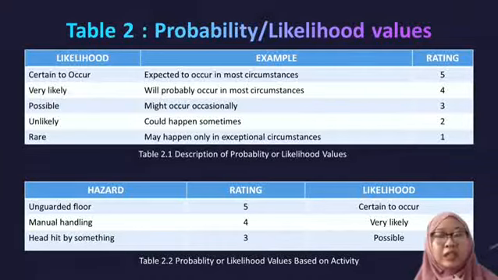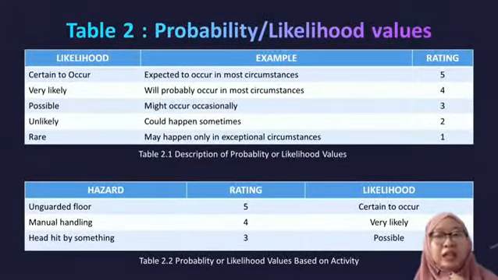The first is working at extreme height place. The hazard is unguarded floor. The rating is 5 or certain to occur because most construction sites are found without protectors, and it can also be without scaffolding, or that scaffolding is not safe.